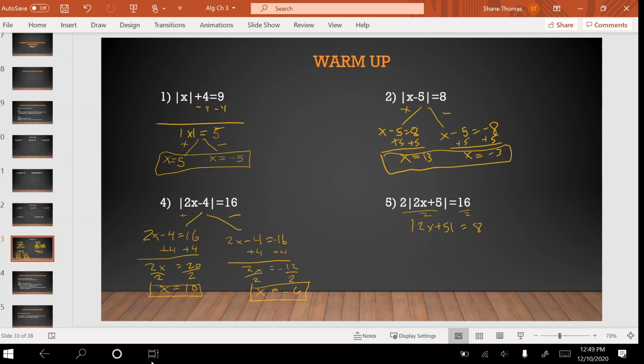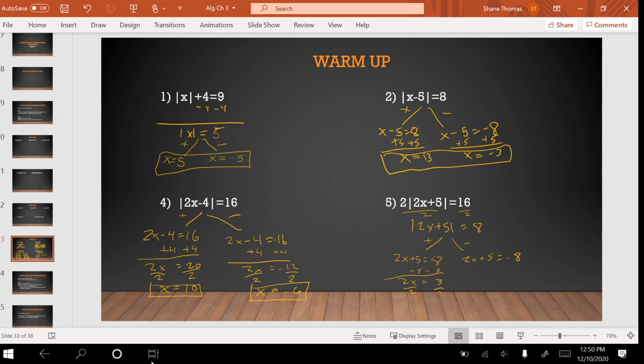All right, Duvall, walk me through from here. Good. Now what do I have to do to both sides? Yep, subtract a 5. So I have 2x equals, what's 8 minus 5? 3.